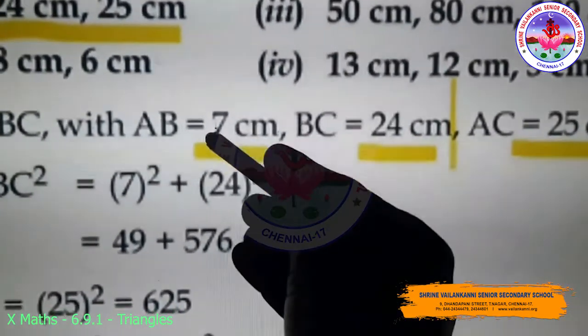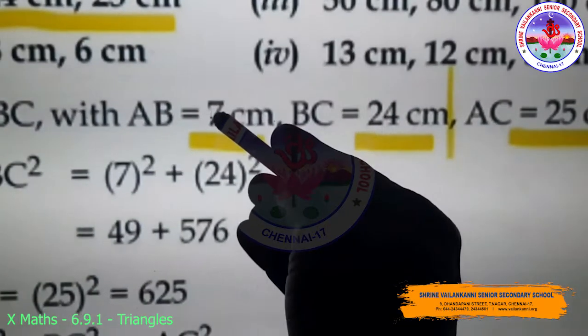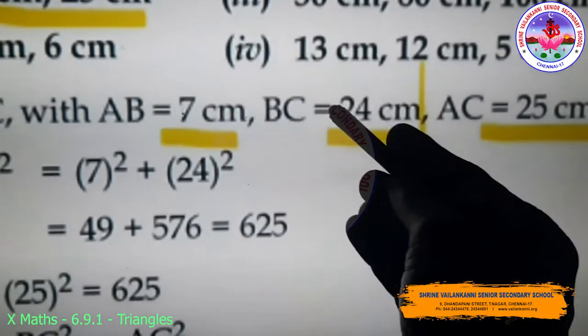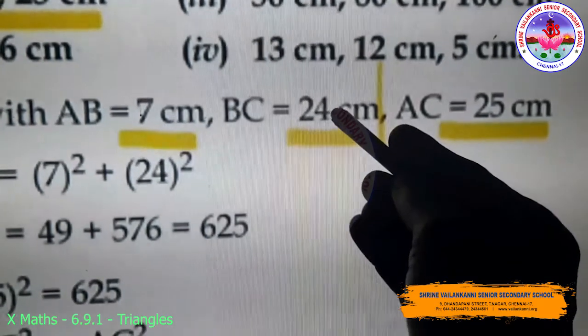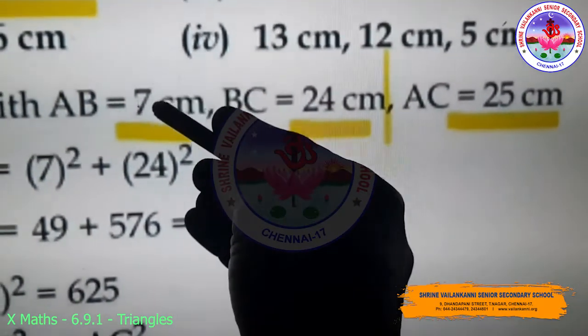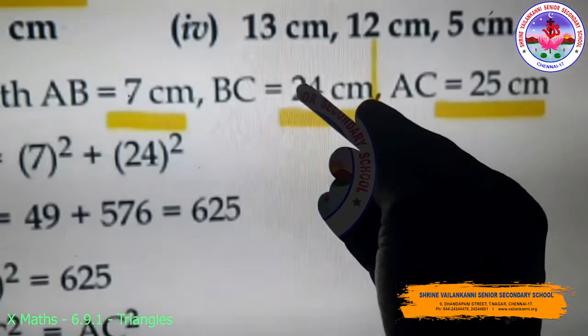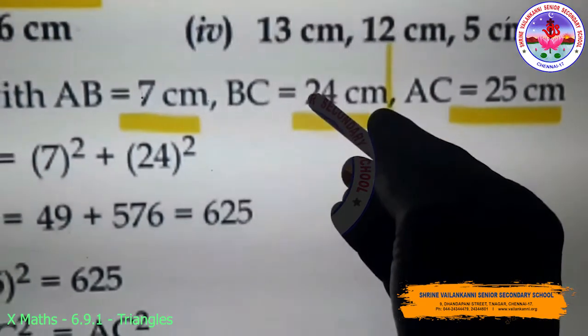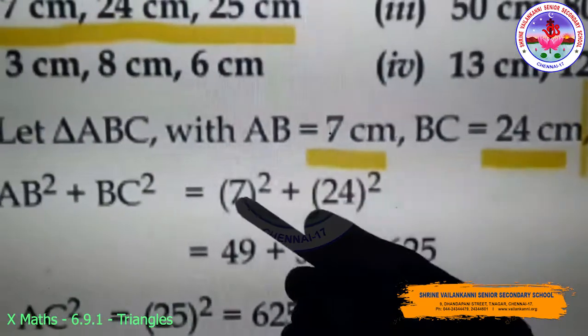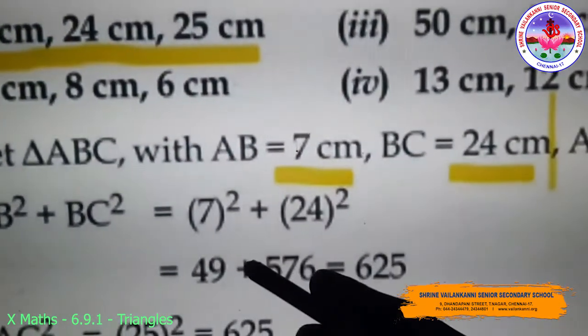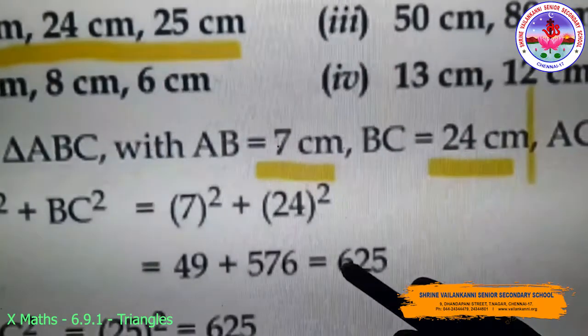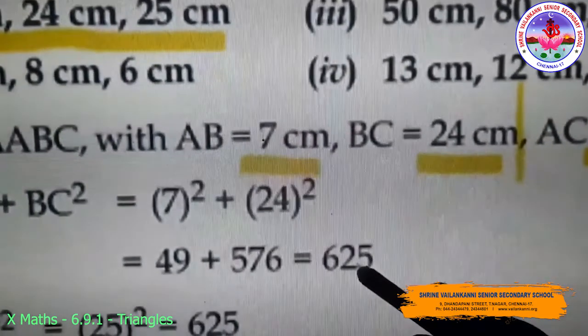If I square AB, that is 7 squared, it becomes 49, and BC, 24 squared, becomes 576. Adding AB squared plus BC squared, I will get 49 plus 576, which is equal to 625.